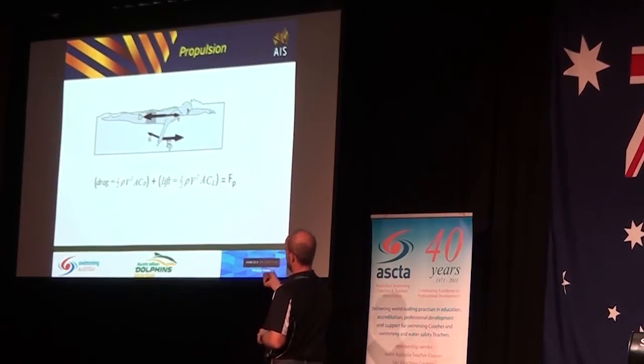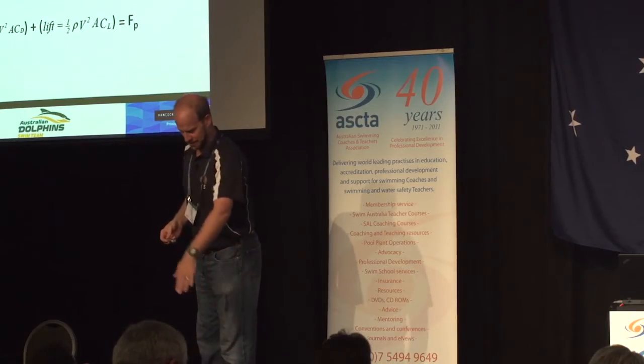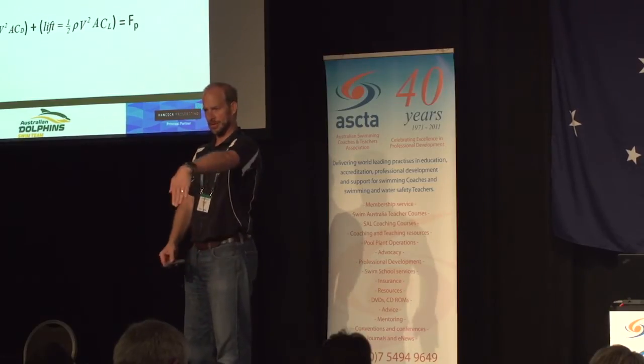And then basically the equation is exactly the same for lift. If I pull straight back, that's just total drag force, right? All the force is front to back. If I start pitching my hand and coming in on angles, there's actually a component of that force that's going side to side, that's lift, okay?